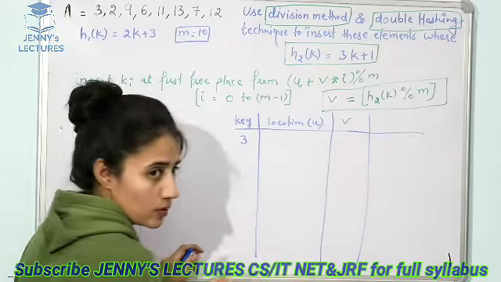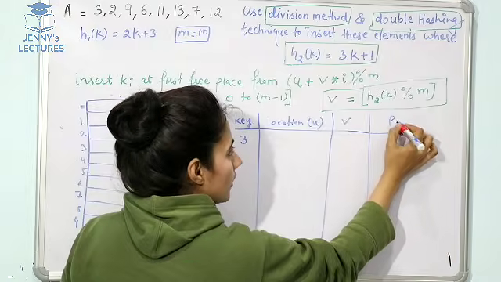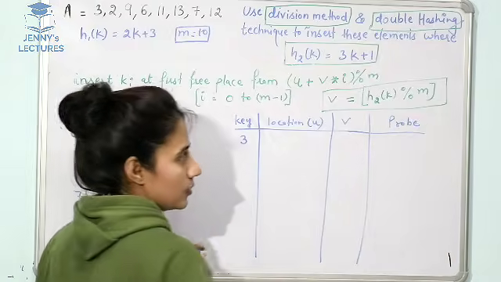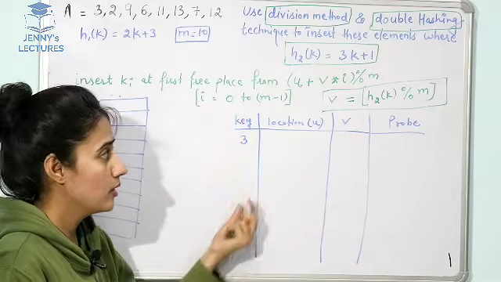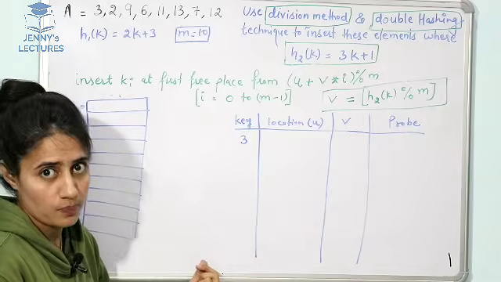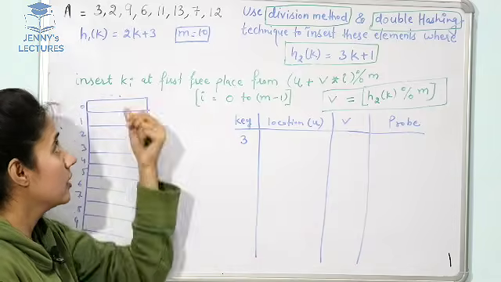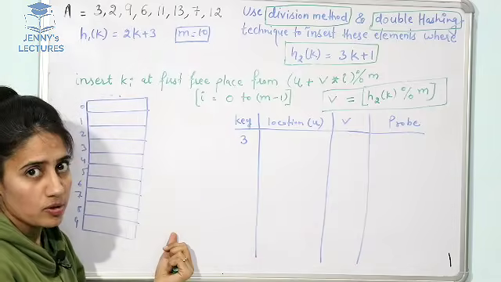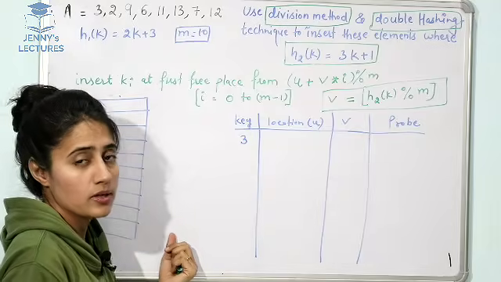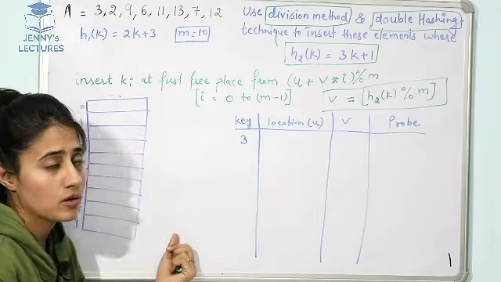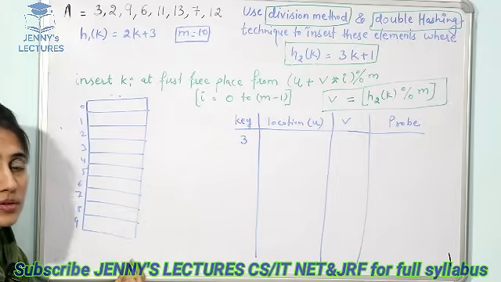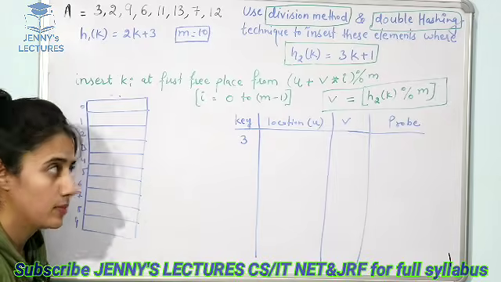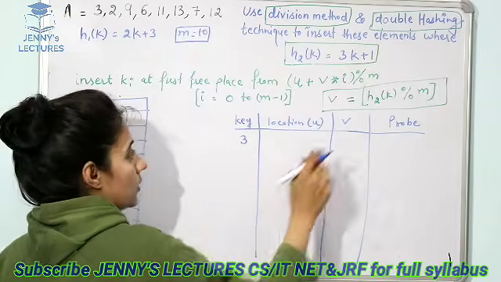Then we will also calculate the number of probes, because sometimes you are asked for the total number of probes while inserting these keys into the hash table. Maybe this question can be asked. And the second question may be what the order of these elements is after inserting them in the hash table. I will calculate these three things.